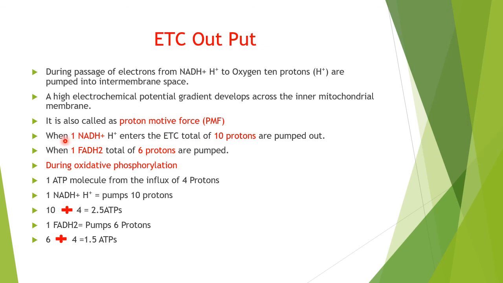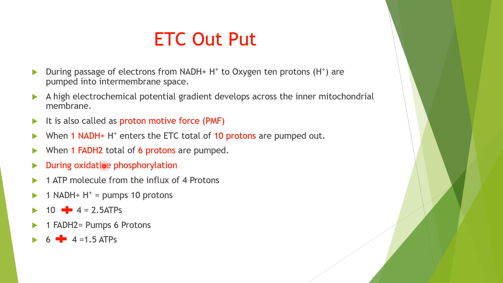So we have seen when one reduced NAD enters the ETC, it will enter at complex 1. A total of 10 protons are pumped out. When one FADH2 enters, a total of 6 protons are pumped. That I have mentioned in the diagram also.